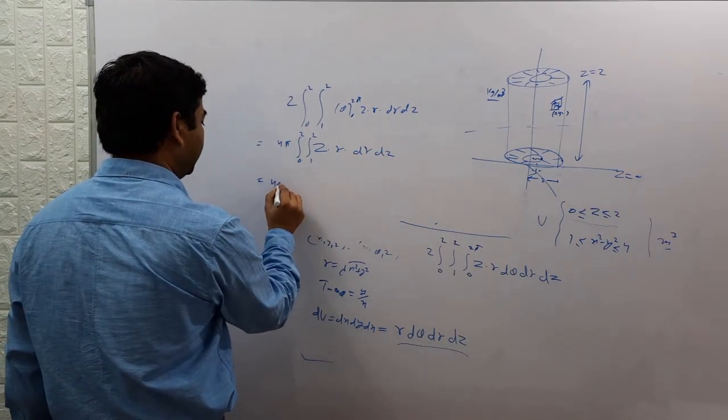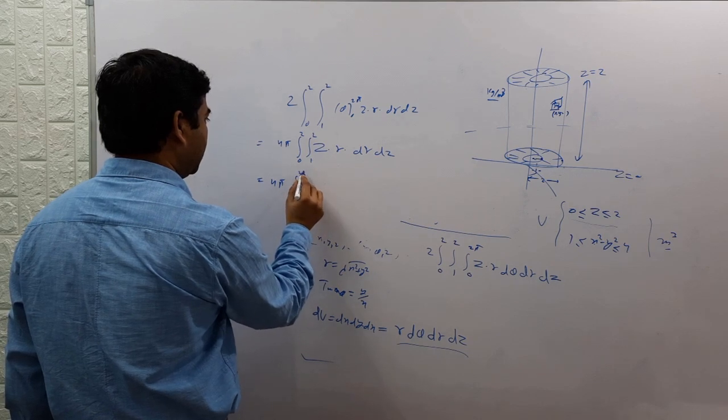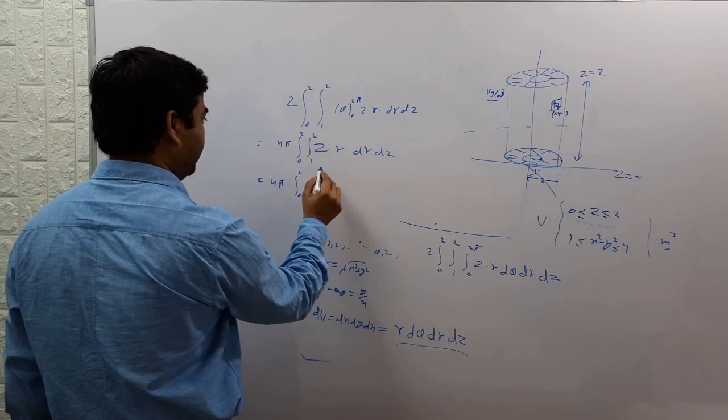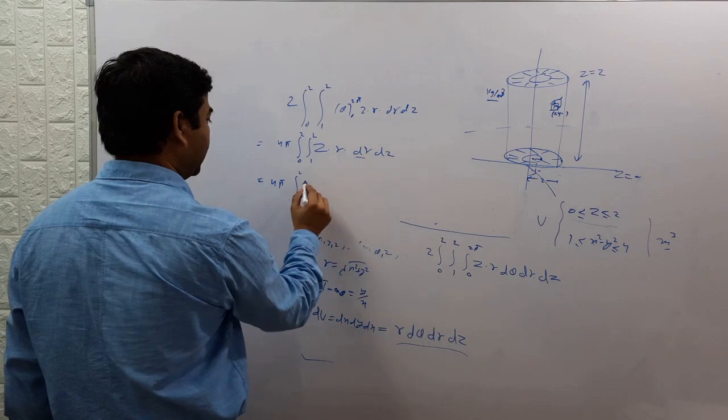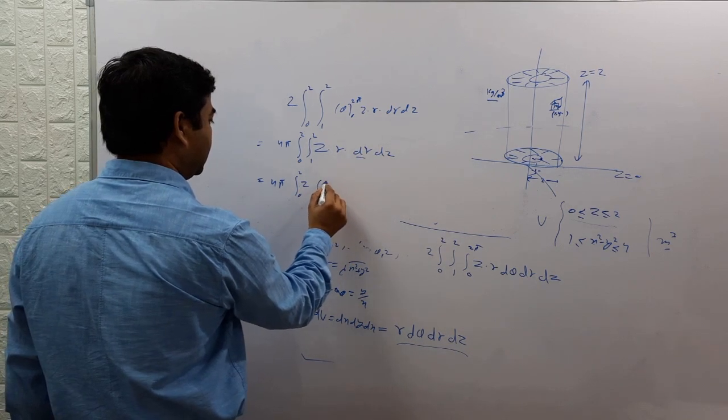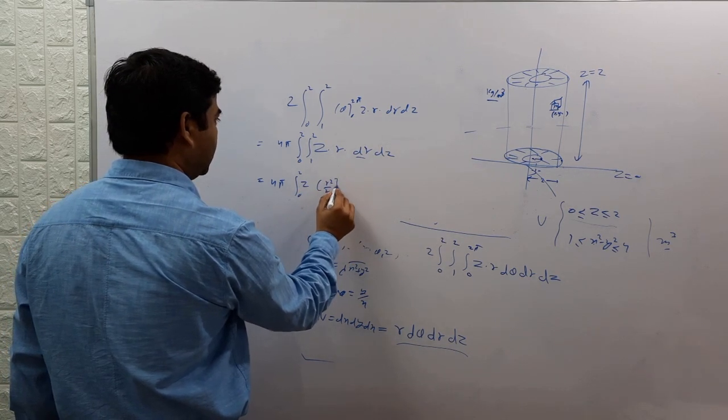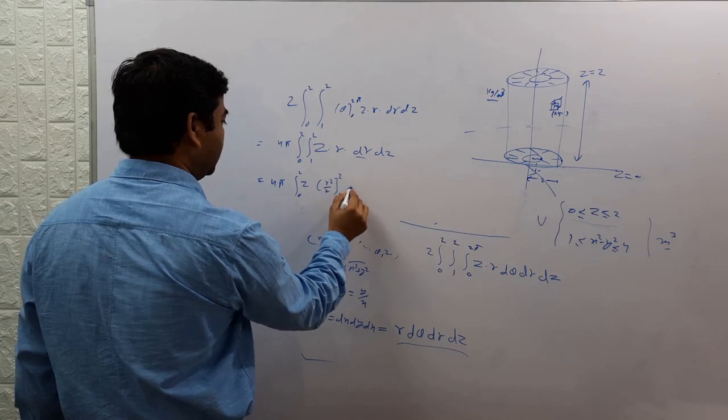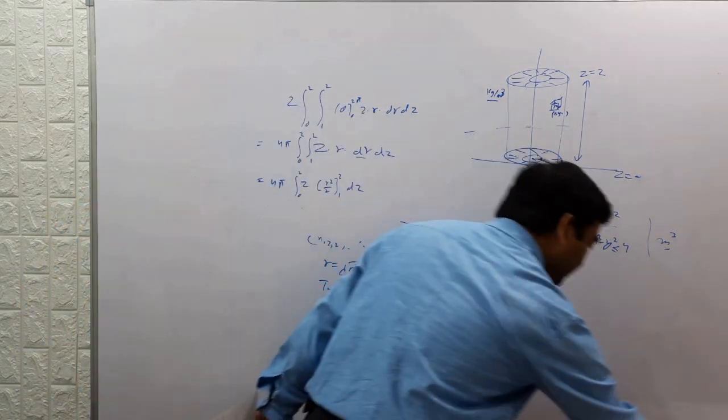This can be written as 4 pi, 0 to 2, integrating with respect to r, z r square by 2 from 1 to 2, dz.